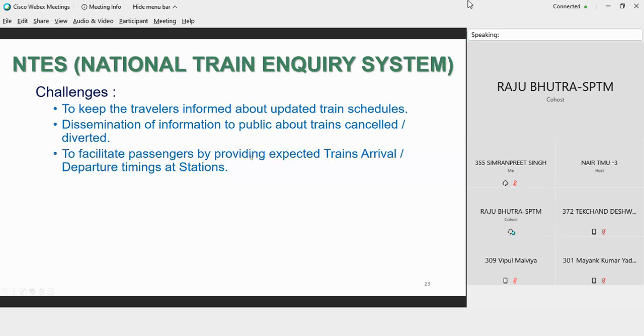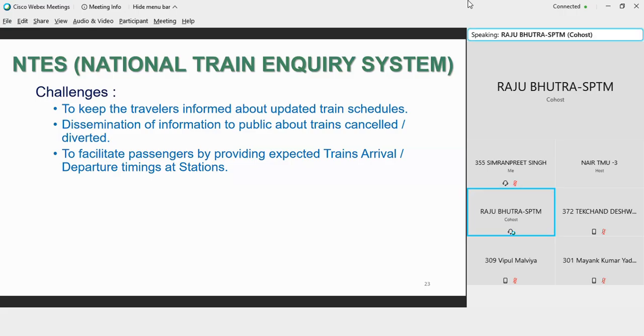To facilitate passengers by providing expected train arrival and departure timings at the station. If we want to facilitate passengers by providing expected time, the passengers who have to board a train at a particular station need to know the expected time of arrival and departure timings so that their time is not wasted, and in case any train is late, they need not come to the station and wait for the train.